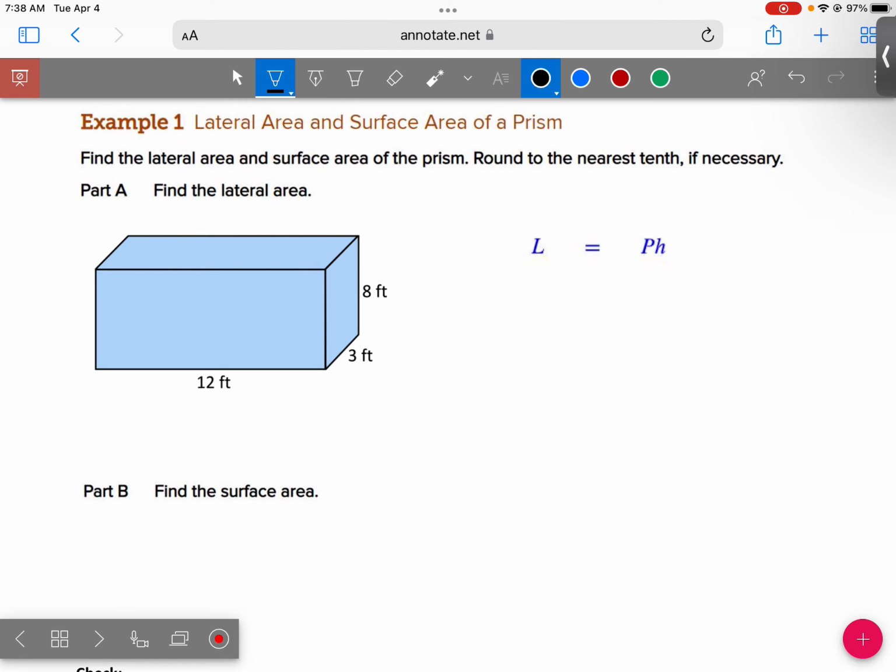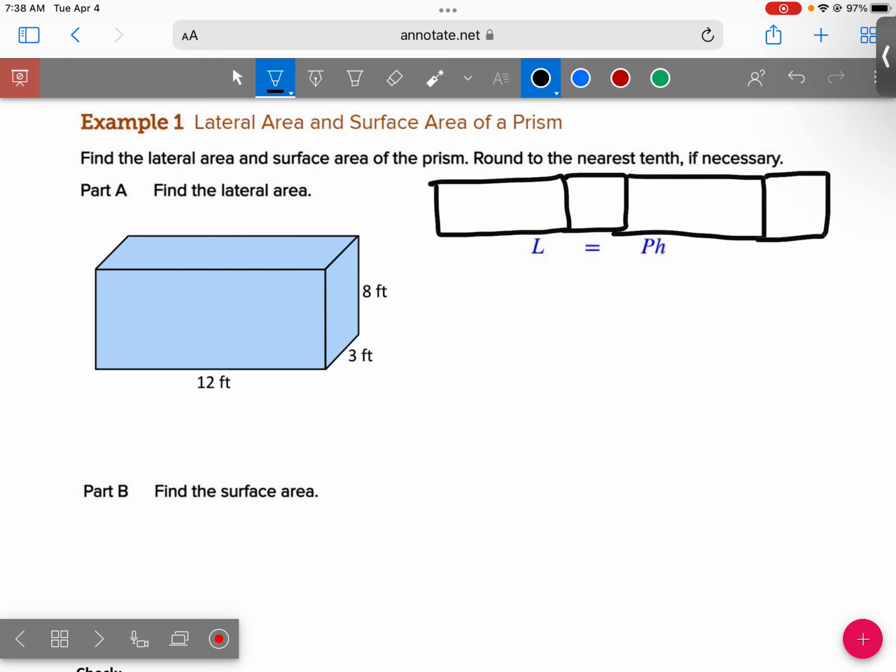So example 1 on page 11. Find the lateral area and the surface area of the prism. Round to the nearest tenth if necessary. So here I have a box. Lateral area. If I were to undo this box and try to wrap it all around, this would be my lateral area.